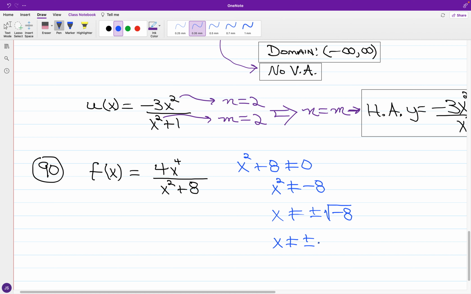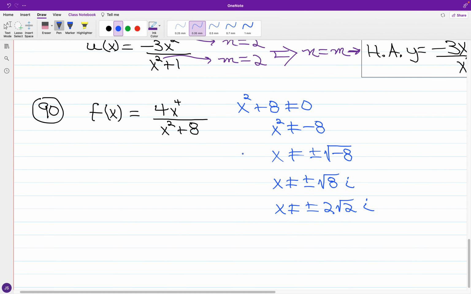So x cannot be plus or minus the square root of 8i, and you need not lower this, but in reduced radical terms, x cannot be plus or minus 2 times the square root of 2 times i. But again, you have no real values excluded.